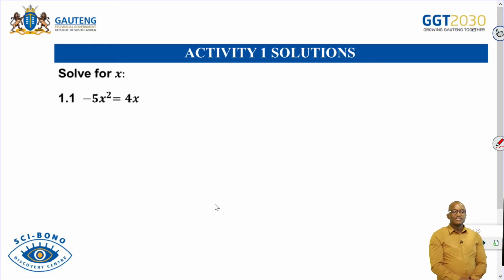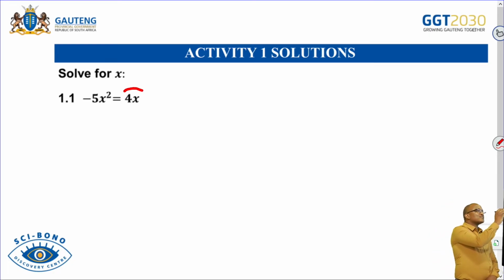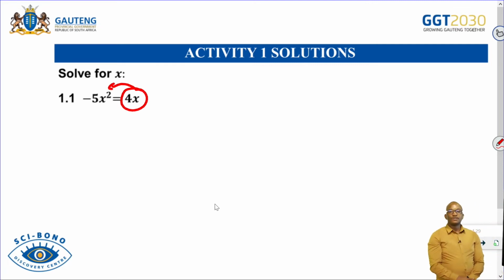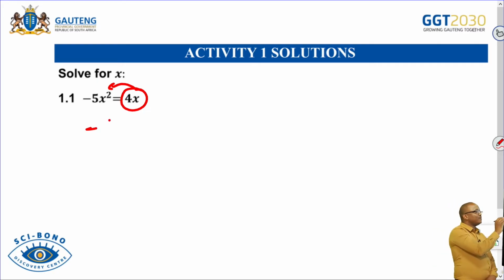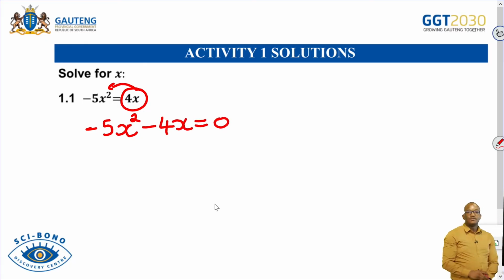Now you can see that it's not in standard form. For us to put it in standard form, we must firstly transpose this 4x to the left-hand side. As we transpose it, it will be negative 5x squared minus 4x is equal to 0.